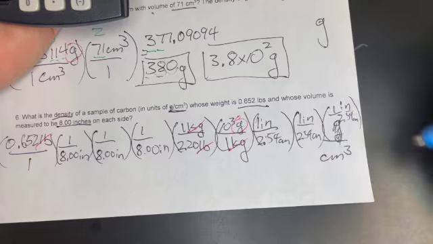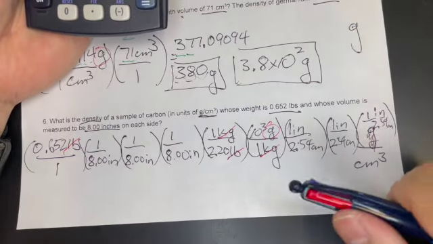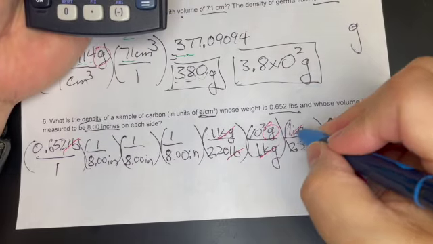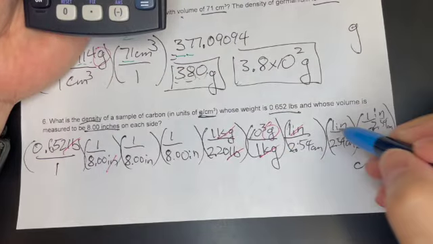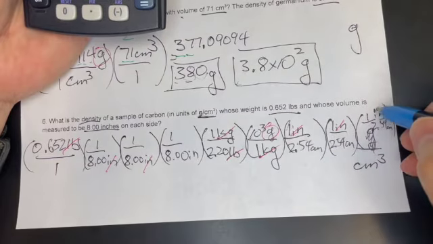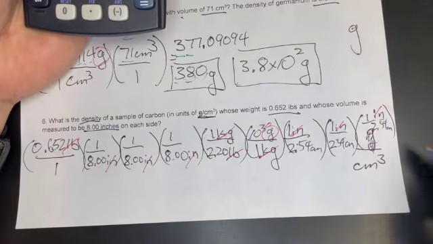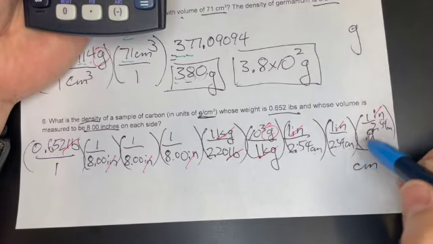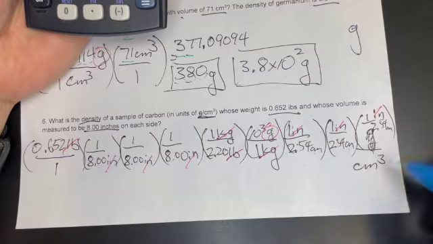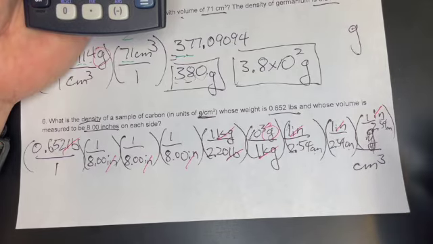Now, what that does is, for every inch, there's 1 on top, 1 on the bottom. And now we've got centimeters times centimeters times centimeters, which equals centimeters cubed. All right.